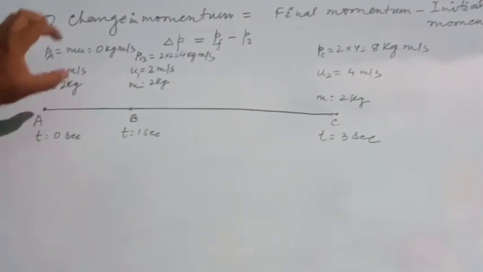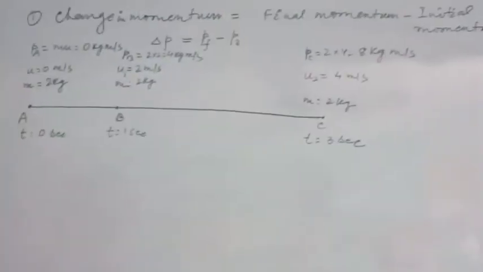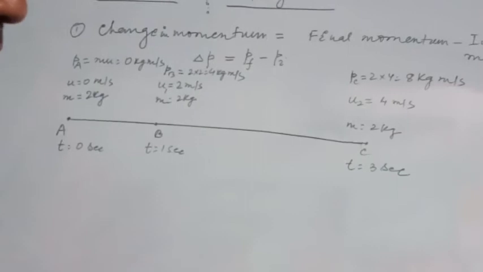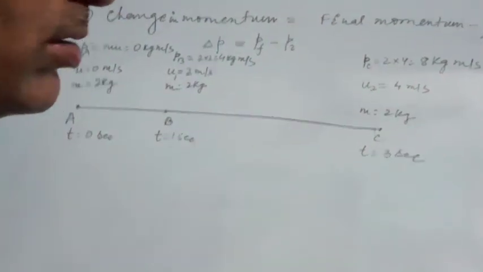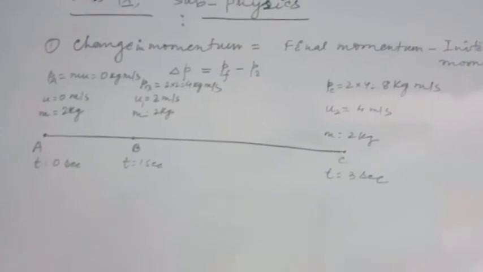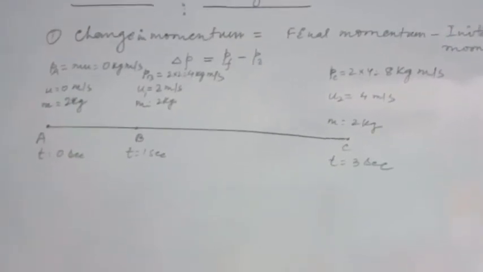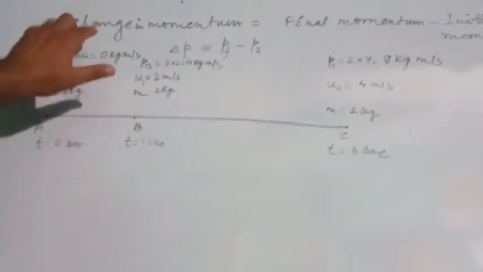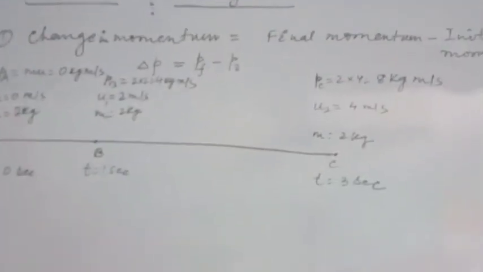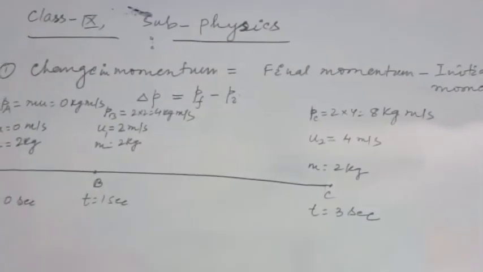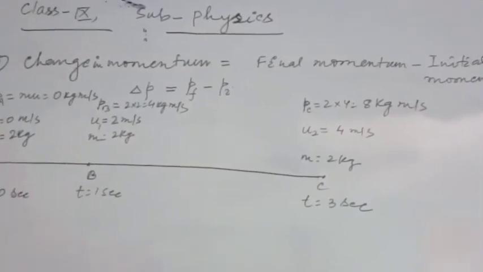There is change in velocity, and you also know that force is the factor that can change the velocity, the position, the shape of an object. So I mean to say that only force can change the momentum of a body.